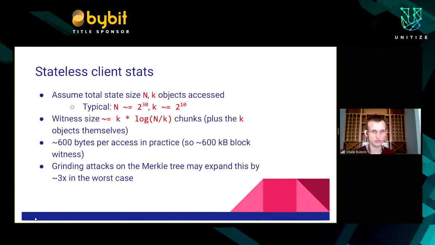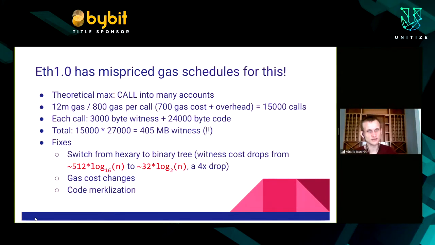Because you have a whole bunch of accounts really close together, the attacker could grind those addresses, and instead of the depth of the tree being 30, the depth of the tree in that particular position could go up to say 60 or 80, right? So grinding attacks could, in the worst case, expand this to maybe about 2,000 bytes per access. So this is roughly where stateless clients can get us with the current technology.